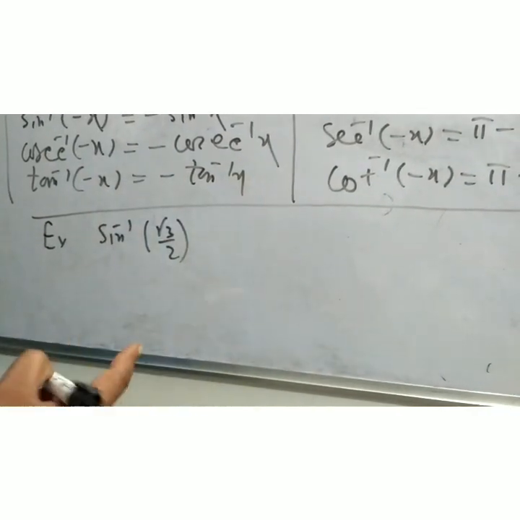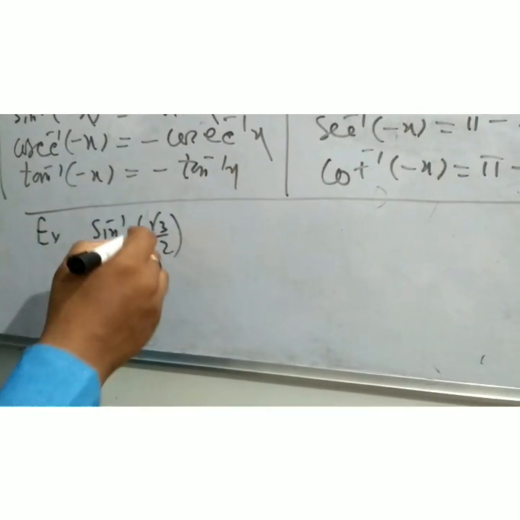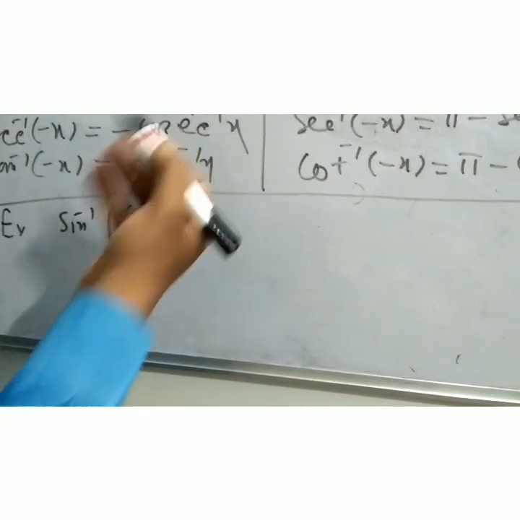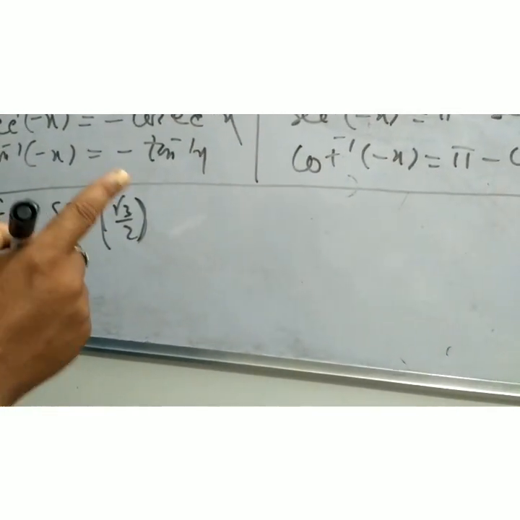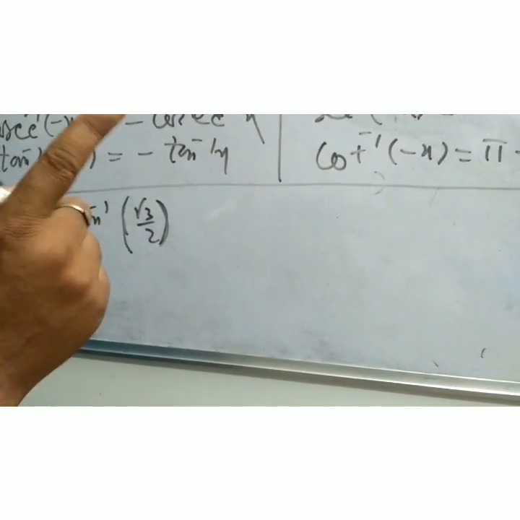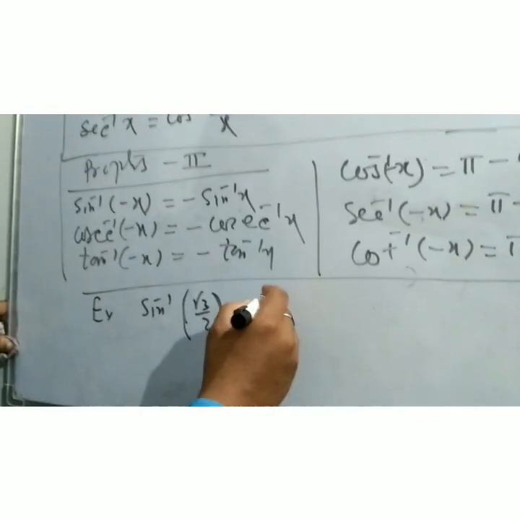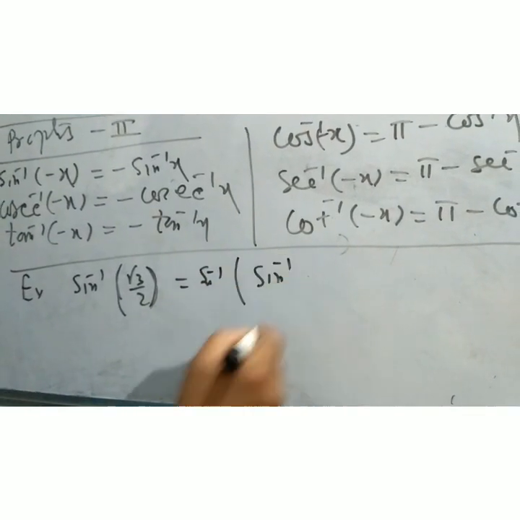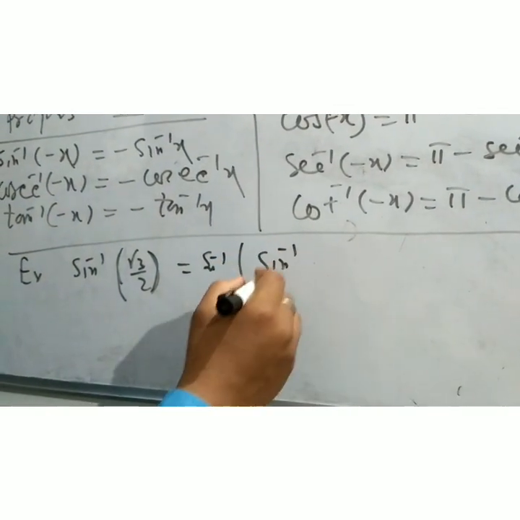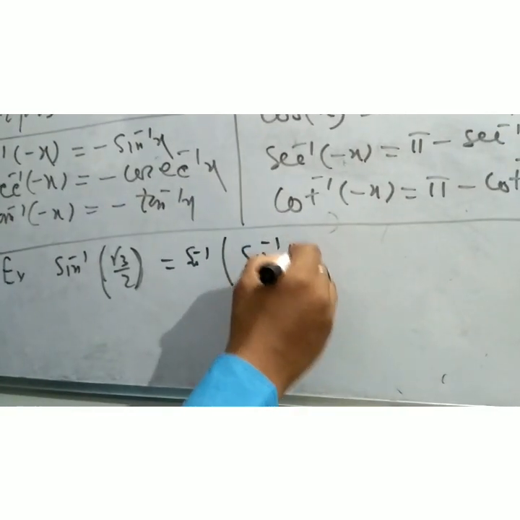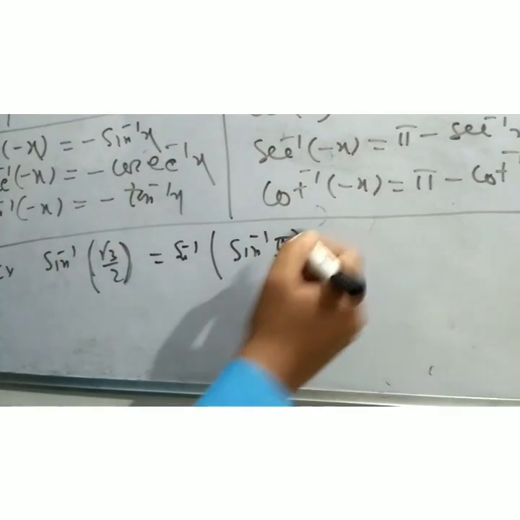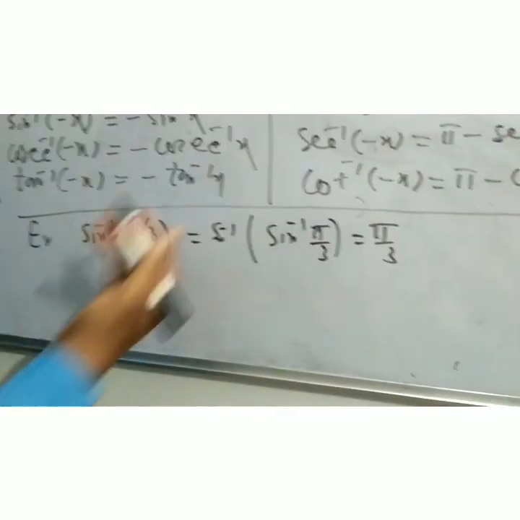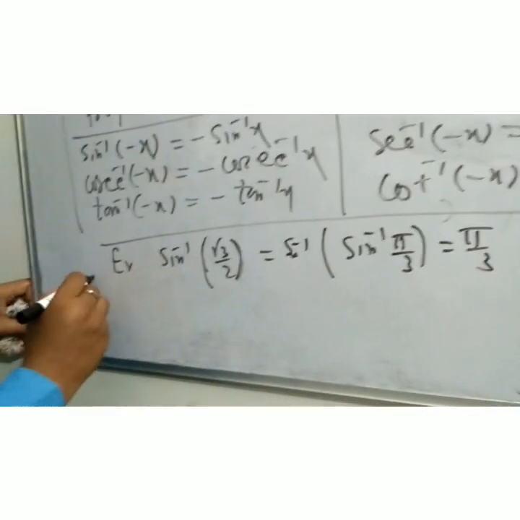Recall, for which angle is the value of sine root 3 by 2? Obviously that is 60 degrees, that is pi by 3. So sin inverse root 3 by 2 is pi by 3. It will be easier to explain another property also.